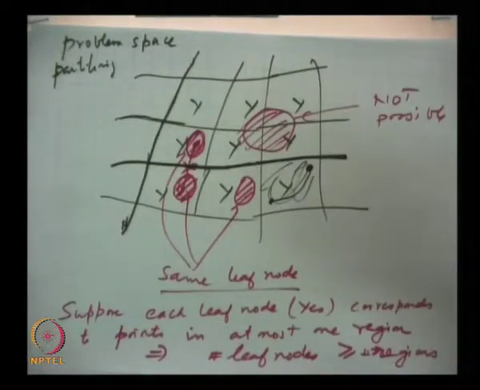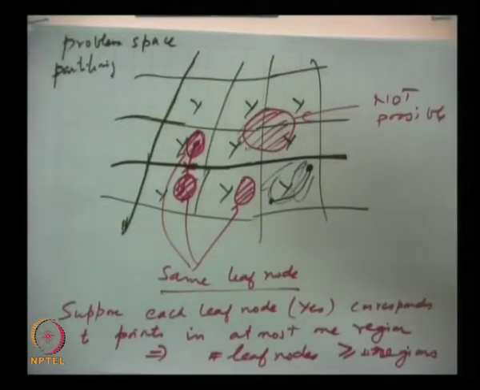So, there cannot be a no point associated with the yes leaf node. Just from the convexity property it follows that a leaf node can be associated with at most one region.